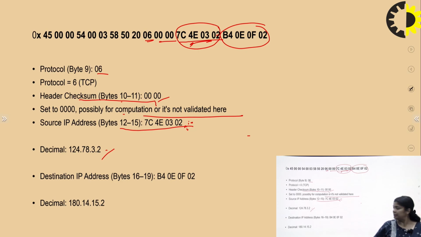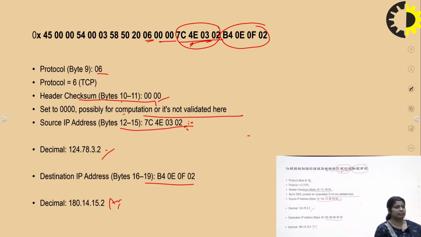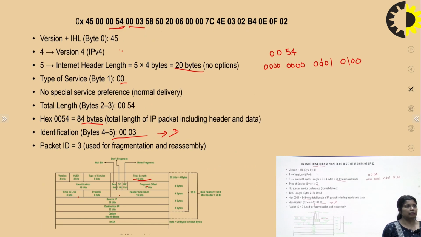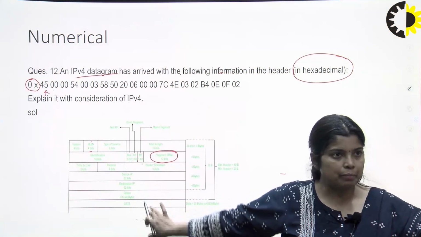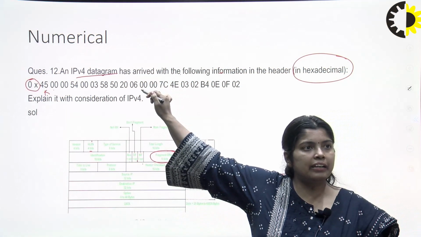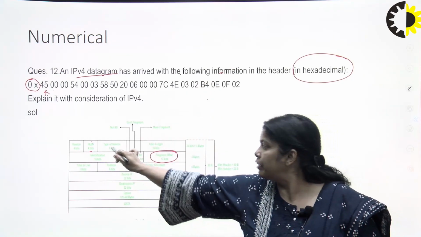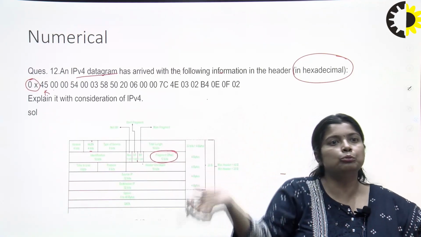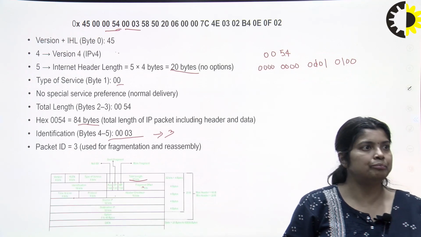And the destination address is this one, in decimal format. Fine. So this is the complete question. Always remember, whenever you solve these types of questions, the header is in hexadecimal format. You have to convert it according to the fields, and these fields are converted into decimals. So simply you can get the answer.